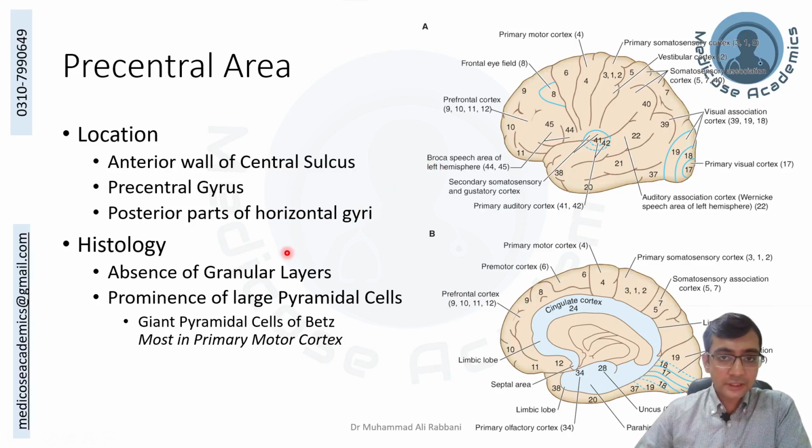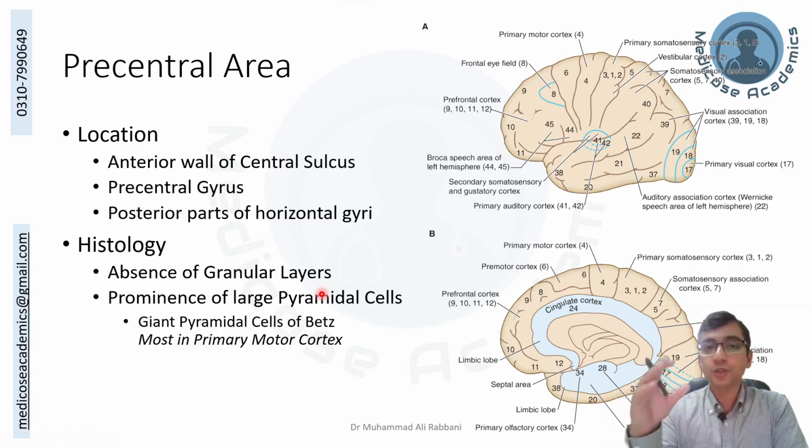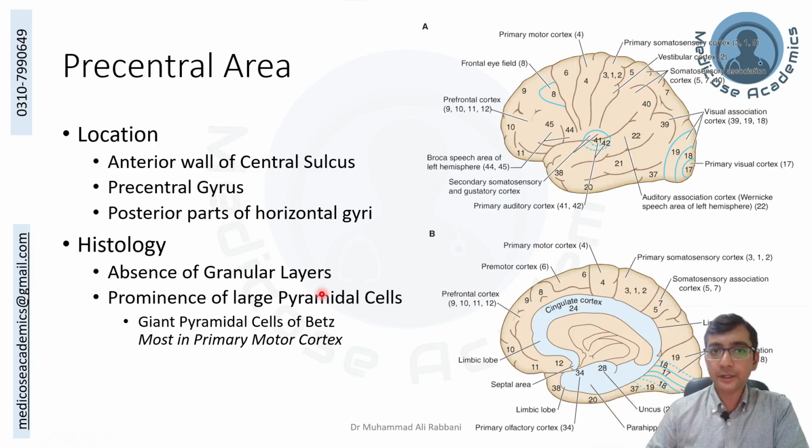Histologically, that is not the topic of our lecture here. I will be shortly uploading the lecture on the histology of the cerebral cortex. But for a quick reference, the cerebral cortex gray matter consists of 6 layers from the surface, starting from the molecular layer to the plexiform layer in the depth. And between them, there are alternating pyramidal and granular layers.